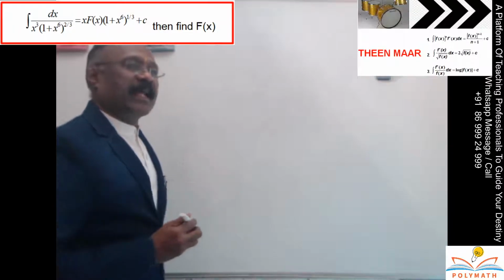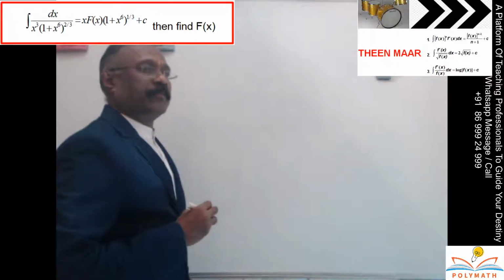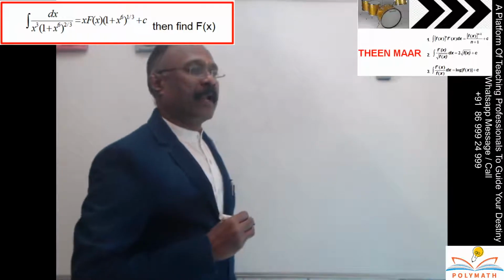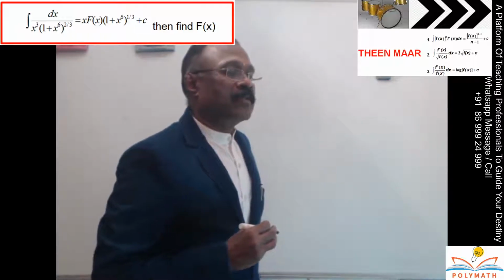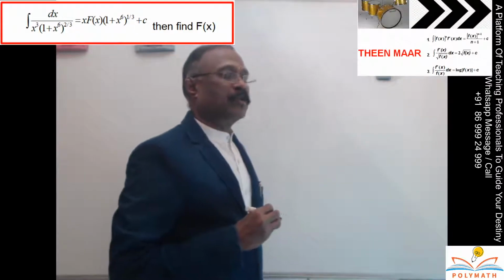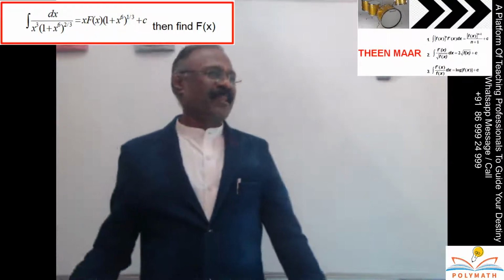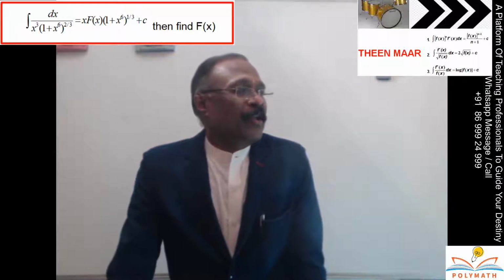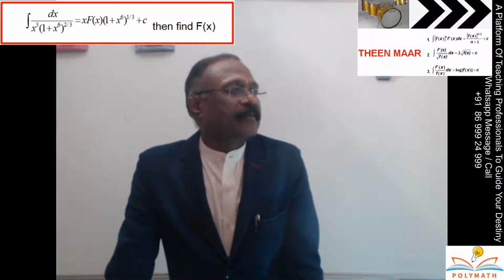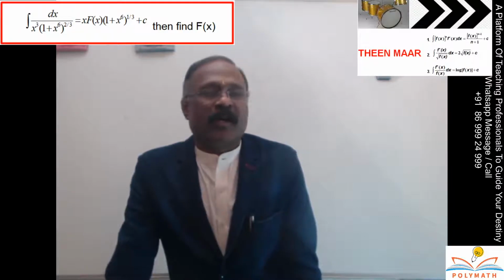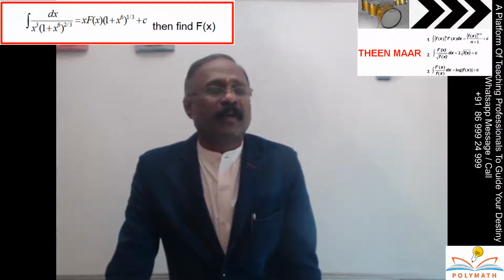If you see the next one, the integral of x cubed divided by (1 + x^6) to the power 2/3. How to get the idea first? You have x cube outside the bracket and inside the bracket (x^6)^(2/3) is there.